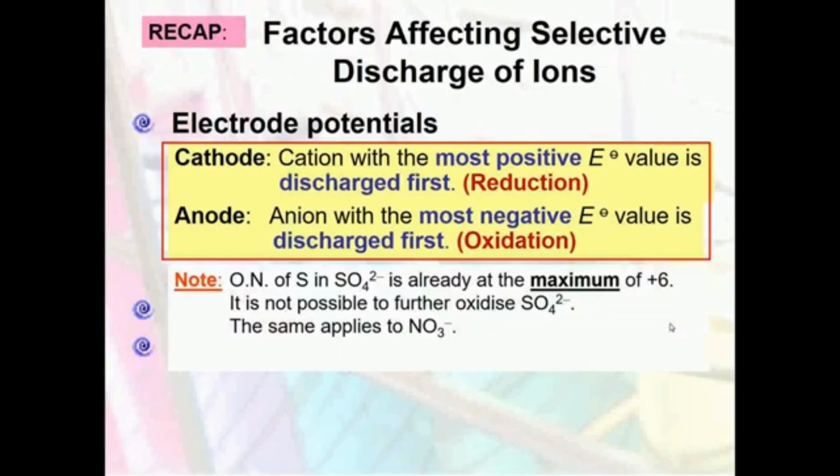Hence, it's not possible to further oxidize sulfate. Hence, sulfate would not be oxidized, it would not be discharged in electrolysis. Likewise, in nitrate, the nitrogen is at its highest oxidation state of +5. Hence, nitrate will also not be discharged in the electrolysis.